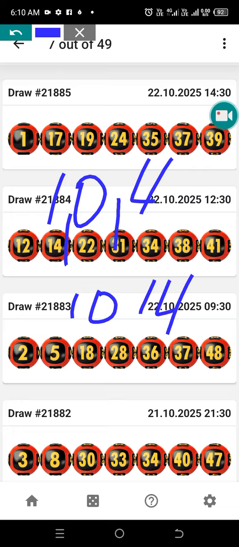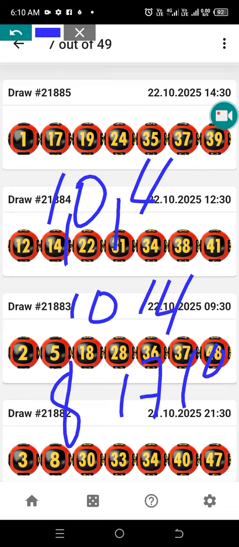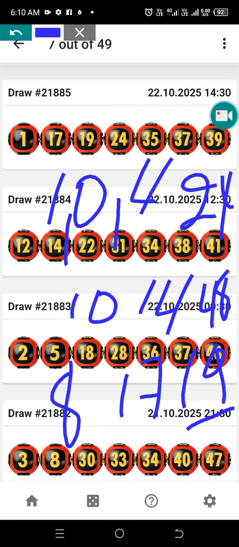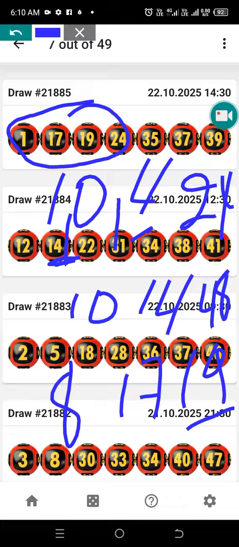Now we have already the remaining numbers 8, 17, 19, which are on the previous draw. 8, 17, 19, and this one, 24 and 48. All right, then you play those numbers, any two numbers. We have 1 and 4 there, and the 8 equals 1 and 15, meaning 8 and 15 can even come together since 1 is sitting here. So that's where these three numbers came from, right?